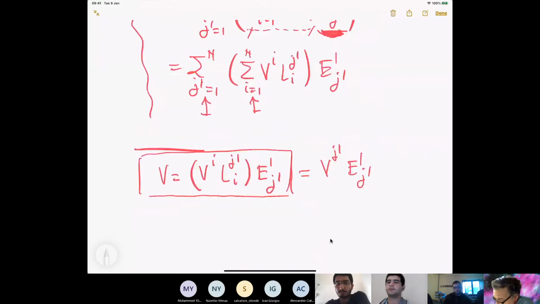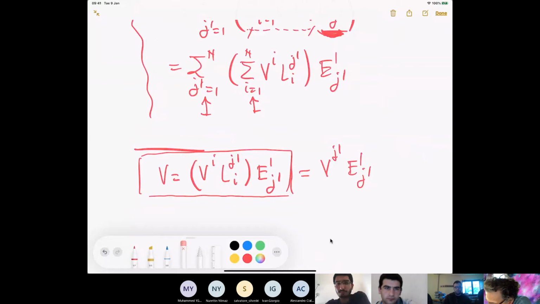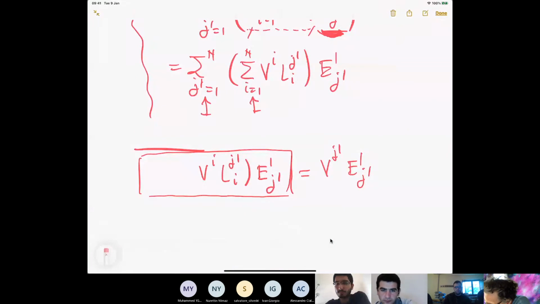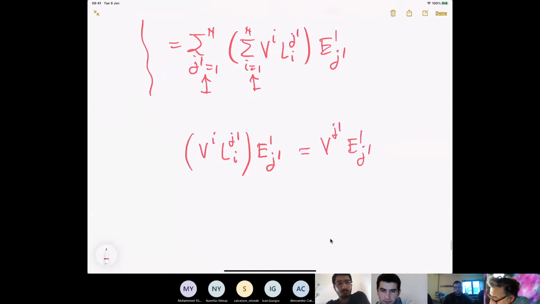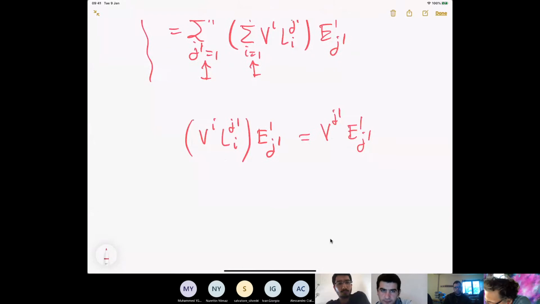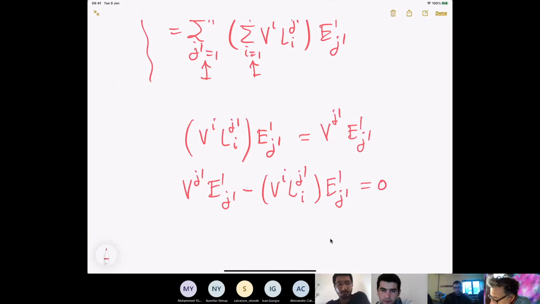Okay. Then what we do, this you cannot do both. Okay. So what we have is this equality. Now, just for having fun, I can write this like v_j' e'_j' minus v_i L_i j' e'_j' equals 0.